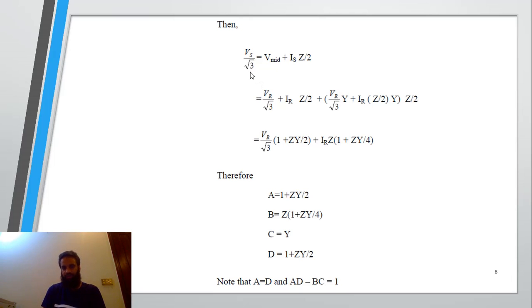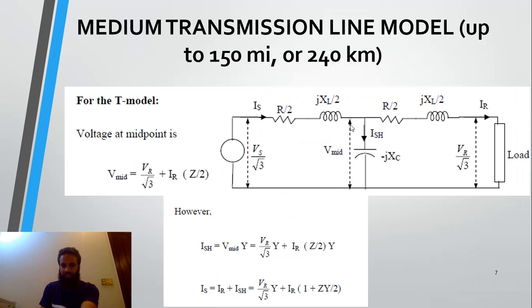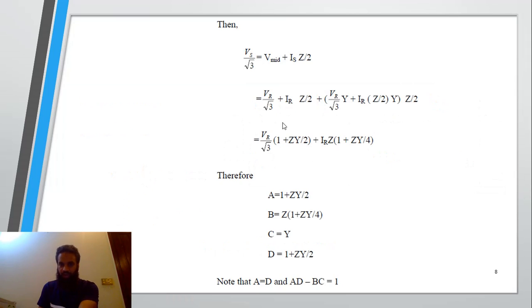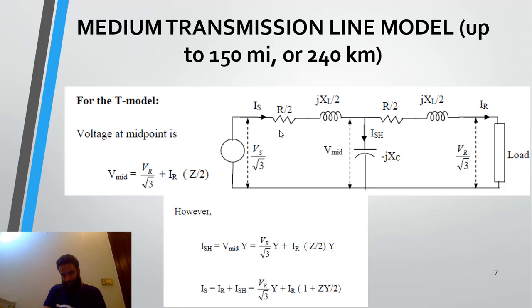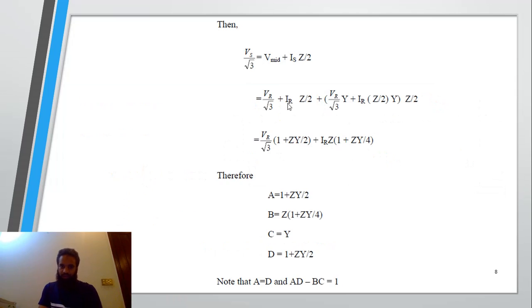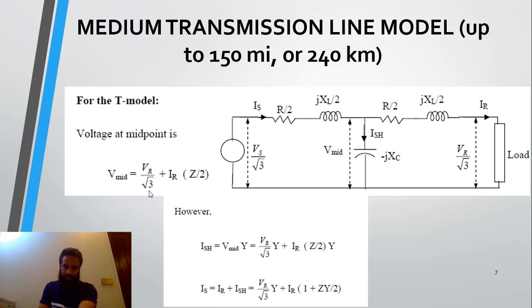Now for the second one we will calculate VR. Now the VS, if you see this equation, we have the VS is equal to the voltage of the midpoint plus IS Z by 2. The voltage drop across this point and the voltage drop across this point is equal to Vs. Now the value of V mid is this one, VR divided by under root 3 plus IR into Z by 2.